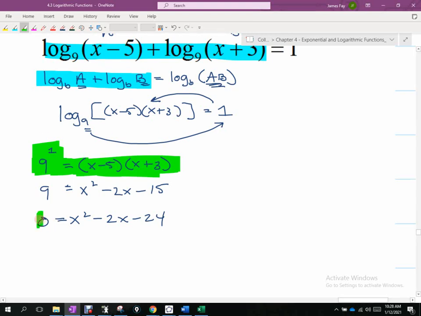But when the product is 0, that does narrow our focus. This is the zero product property, so you have to make sure you do that. So now this is going to go to x minus 6 and x plus 4, so then x is 6 and x is negative 4.